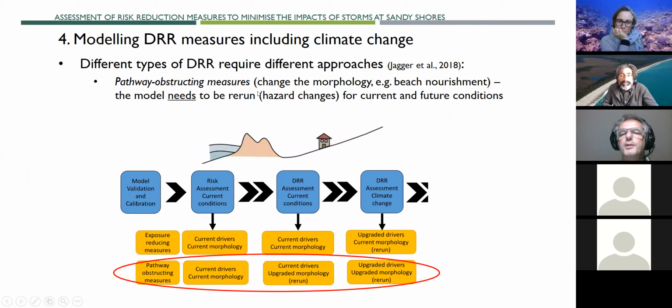Okay, for the pathway obstructing measure, since we are immediately changing the morphology, to compare the effect of the risk reduction measure with the current conditions, we always need to run the model again. So we have current drivers, but we have upgraded morphology.